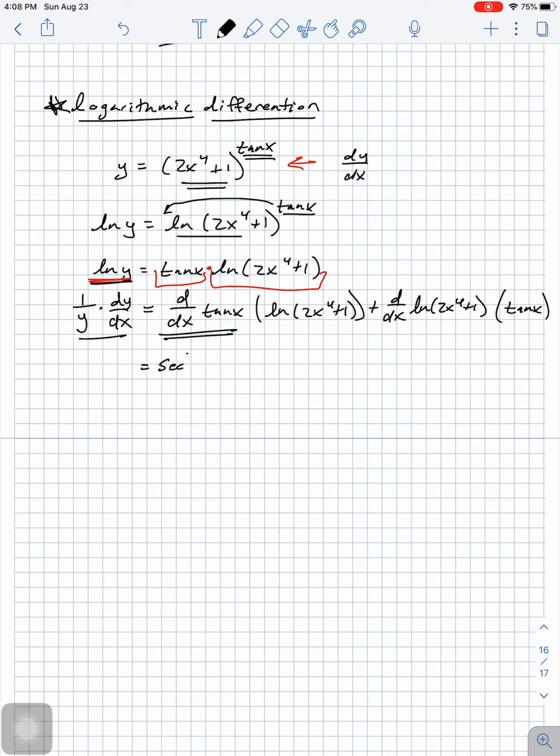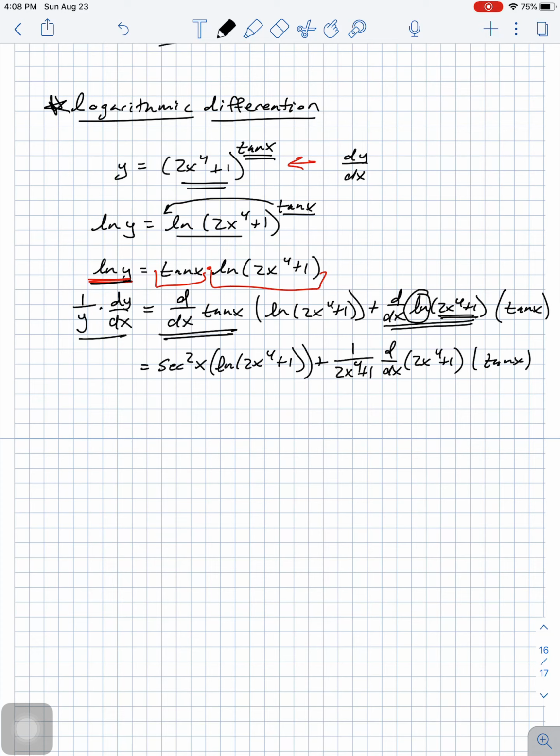Okay, derivative of tangent is secant squared. And then I've got my natural log coming along for the ride. And the derivative of this is a chain rule. So the outside function is natural log, and that says 1 over the stuff times the derivative of the inside function, which is 2x to the fourth plus 1.